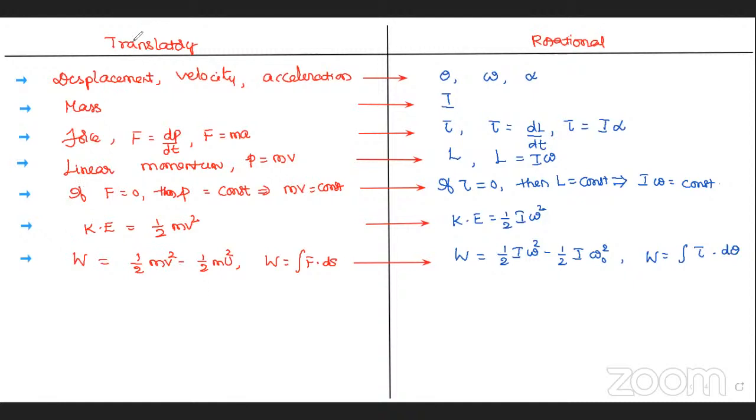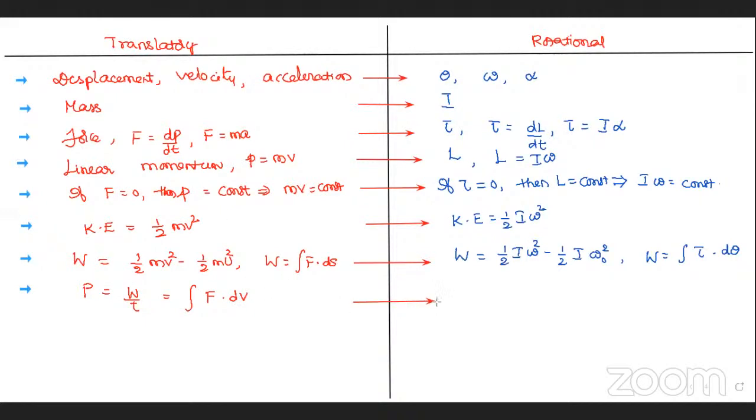Exactly, you are right. And you can write the power also. Power P is equal to work divided by time, that is equal to integral F dot dv, remember, F into v. Same thing you can write here.